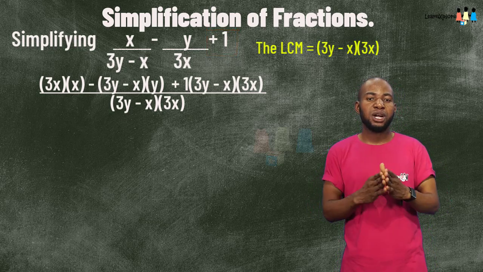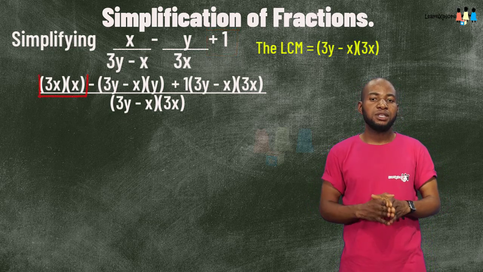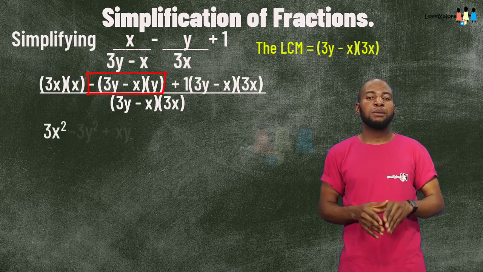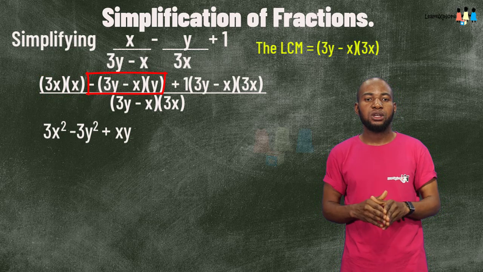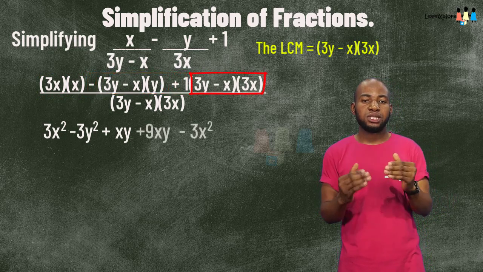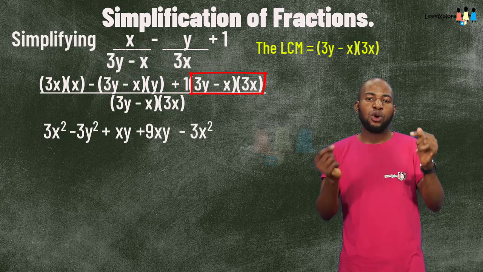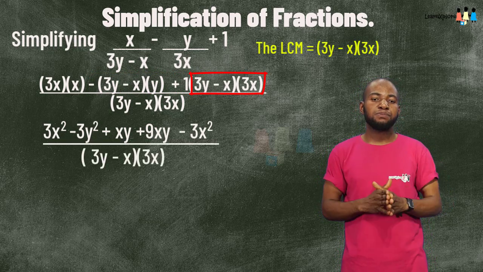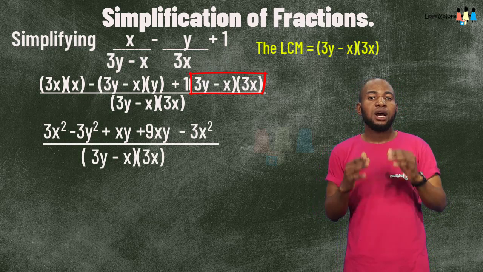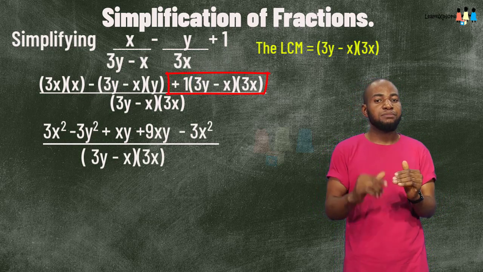Now let's open the brackets. This part gives 3x squared. This part gives minus 3y squared plus xy. I'm multiplying what's outside of the bracket by what's inside the bracket, and for this part I first multiply this bracket together and then multiply it by 1.